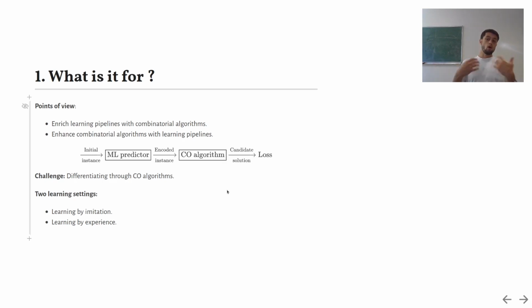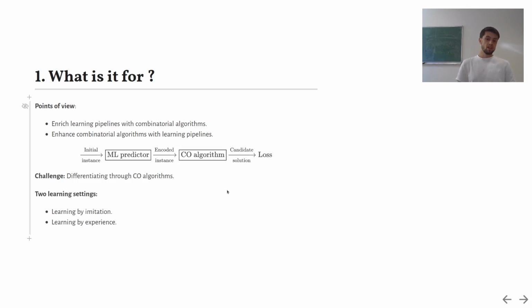In our package, we provide a way to do so with a wrapper given any black box algorithm that can be used to solve mixed integer linear programs. We do so in two distinct learning settings. The first one is learning by imitation, where you have a data set of instances and targets, for instance, solutions.